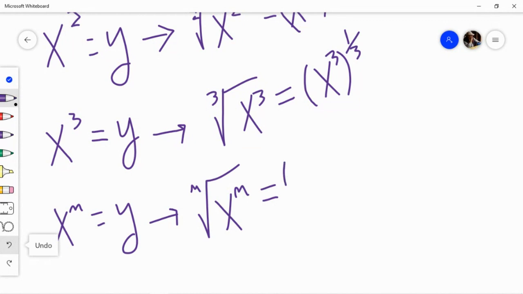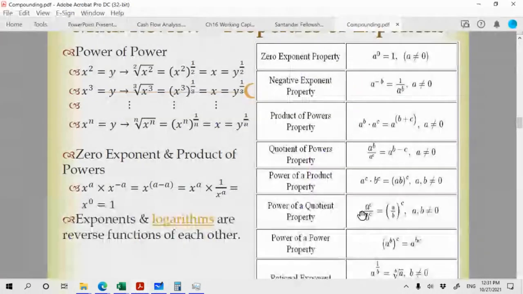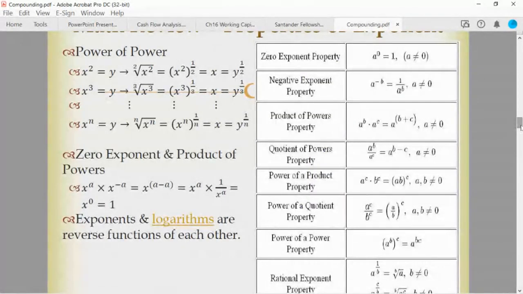We write it as x to the n raised to the nth power. And we know some of the properties of exponents, right? Anything raised to 0 is 1, as long as the base is not 0. And a negative exponent is the reciprocal.